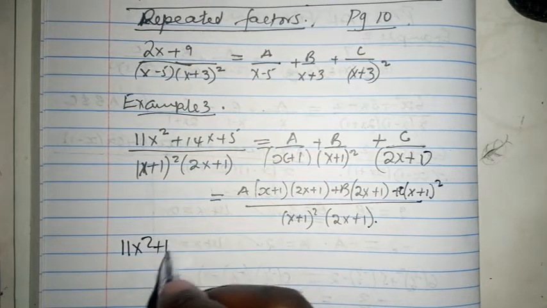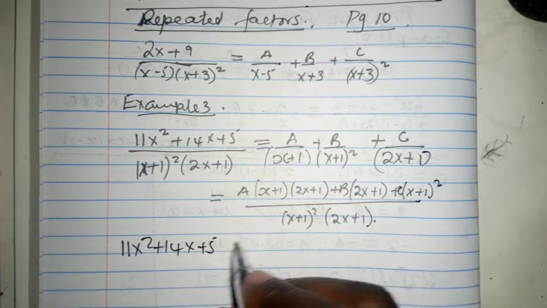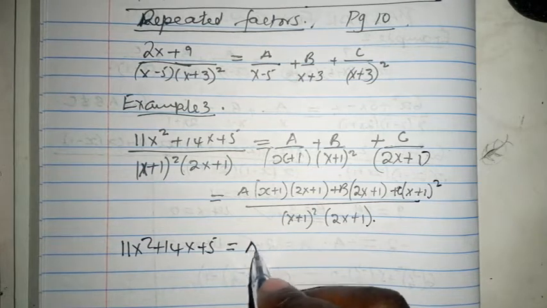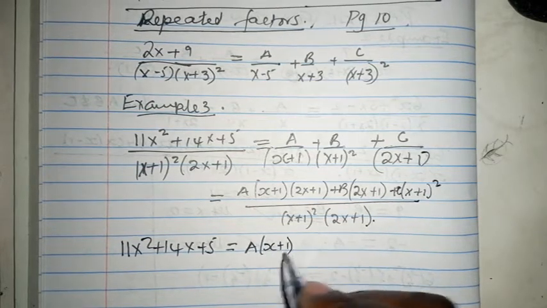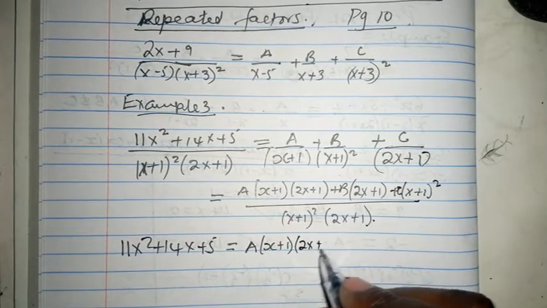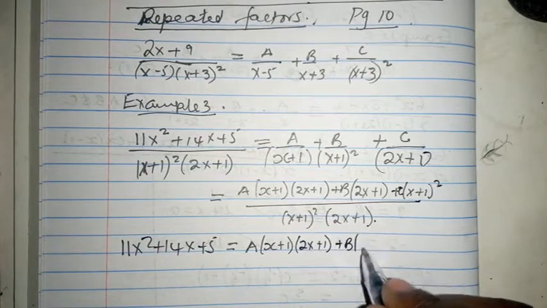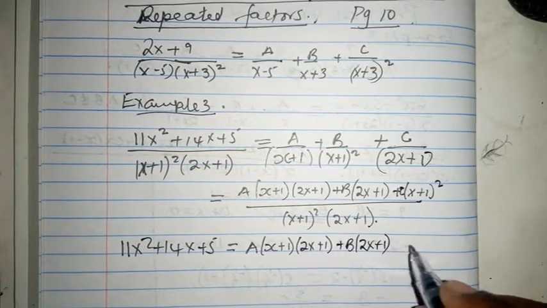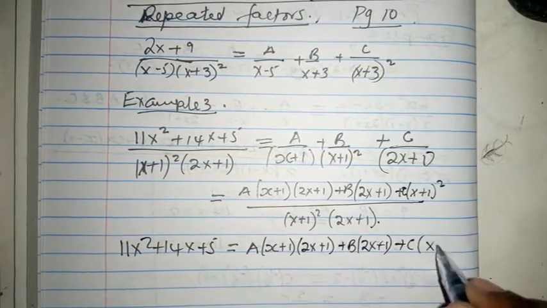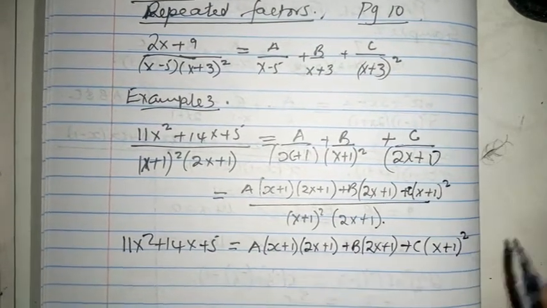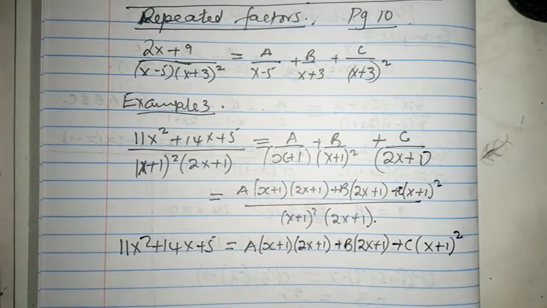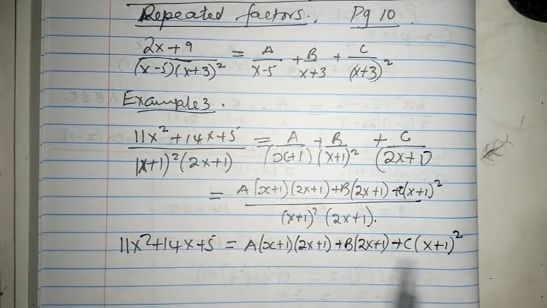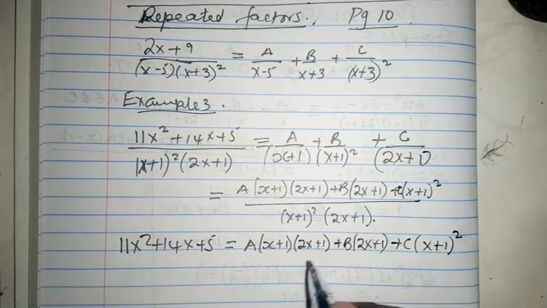11x squared plus 14x plus 5 is exactly equal to a(x plus 1)(2x plus 1) plus b(2x plus 1) plus c(x plus 1) squared. And at that point, we can just try to make this bracket 0.